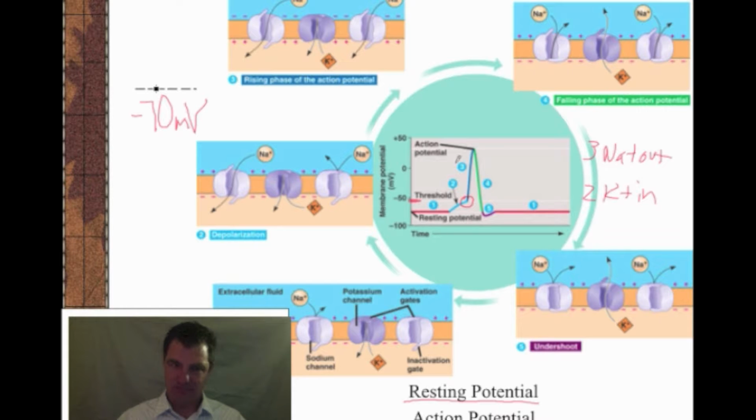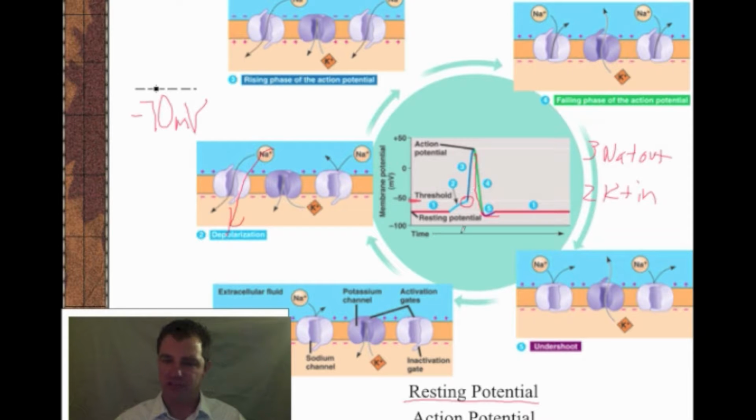The sodium comes rushing into the cell very, very quickly, and so the cell goes from a negative state not only to 0, but it actually goes to a positive state. Then those sodium channels close, and the sodium-potassium pump kicks in and starts pumping the sodium back out and the potassium back in, and that drives it back down.